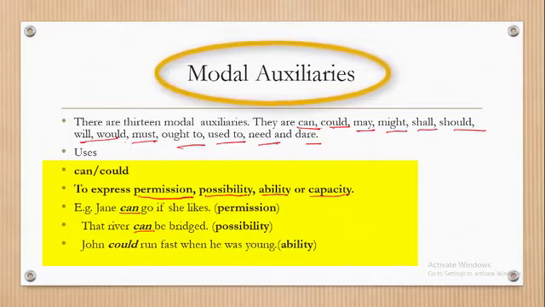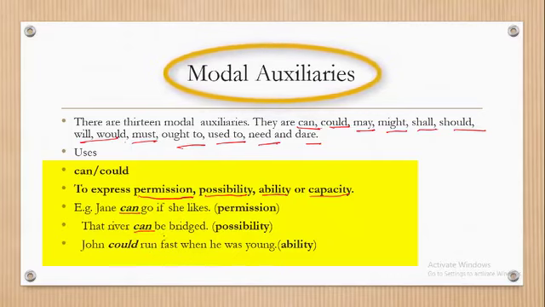That river can be, showing the possibility that the river can be bridged. And lastly, we have ability. John could run fast when he was young. So could here is expressing ability.